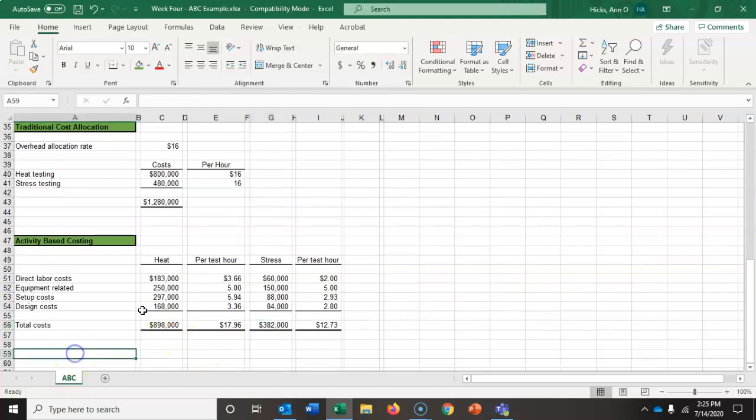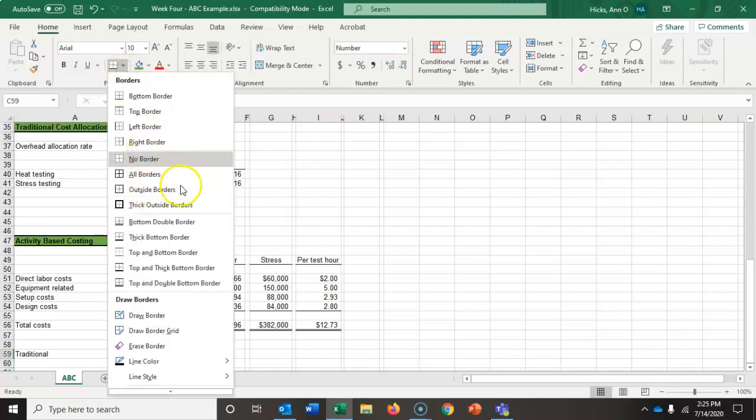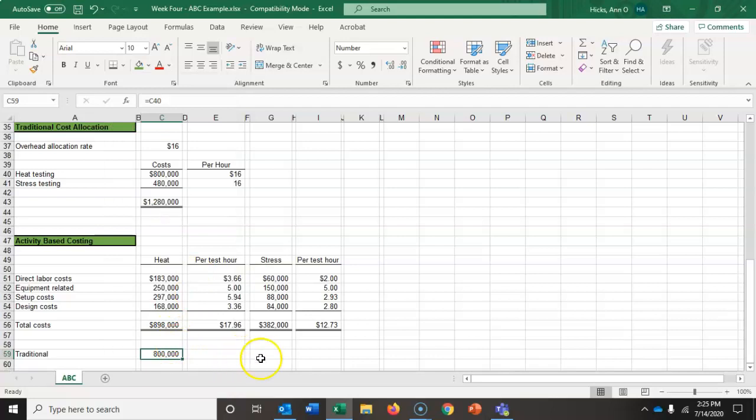Now, if you compare this to the traditional, then under traditional, heat was allocated $800,000 and stress test was allocated $480,000. So what it appears is that perhaps under the traditional system, we undercosted heat testing and overcosted stress testing. So the question then becomes, why?